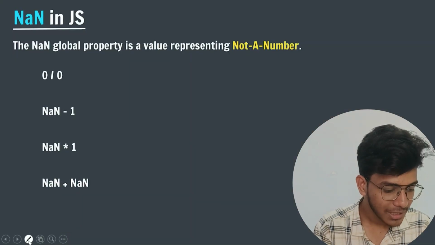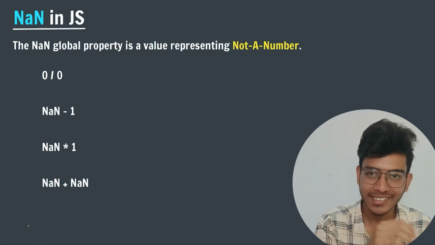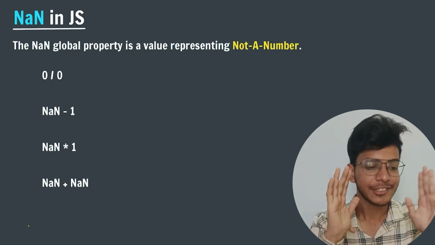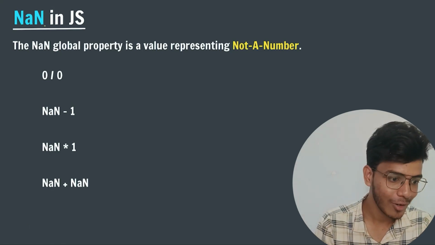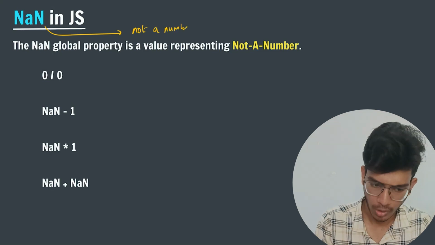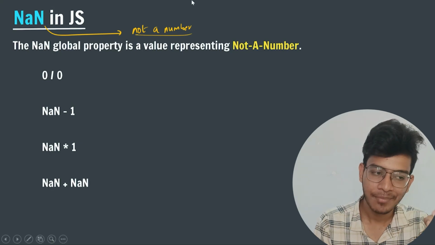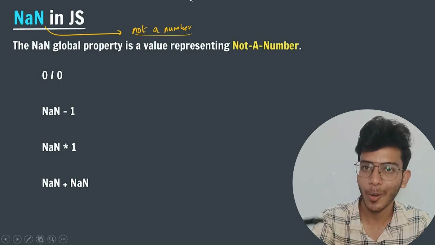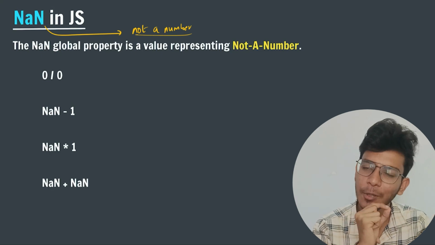Now the next concept is NaN. This is one of the interesting things, and if you are studying it for the first time, it will be a little bit confusing for you guys. The full form of NaN is not a number. What is the meaning of not a number? Let's say that I'm performing operations on numbers and I don't know what the output of that thing is.